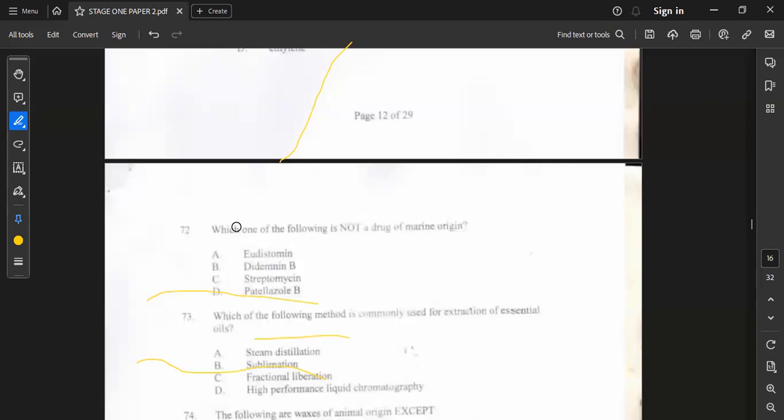Anyone with a different answer? I agree, C for 72.